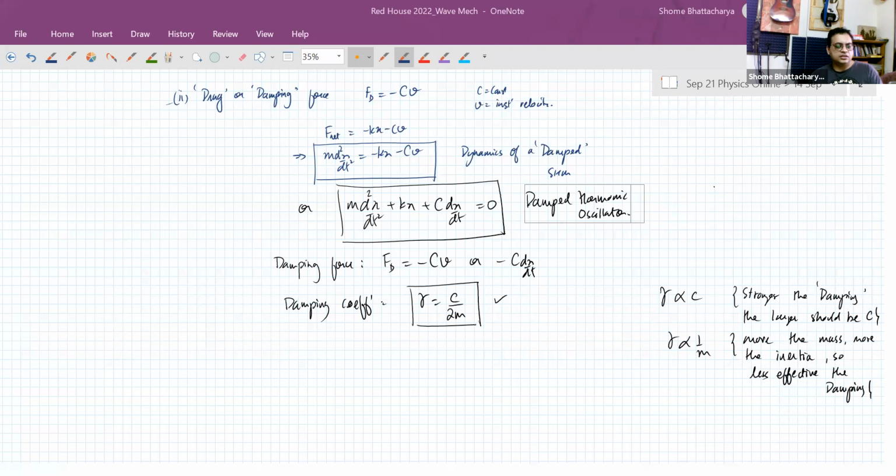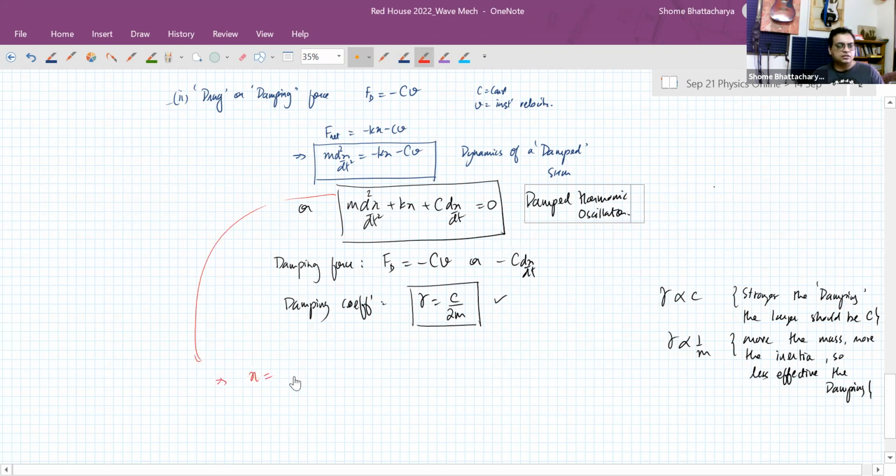So we will see that the equation of the harmonic damped oscillator, that is the dynamical equation, results in a solution. One solution is that x will be this type of a term, a multiplication of two terms, an exponential decay and a harmonic term.